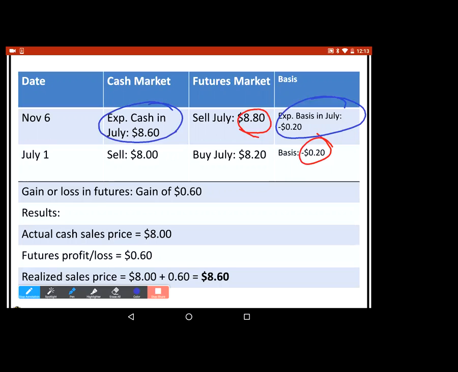So here we expected basis to be 20 cents under. And where do we come up with that? Well, I might look at the previous 3 years. What was basis at harvest time in Hays during each of those 3 years? Take an average, and maybe it was -20. So that's where we came up with that. So you don't just pull those out of the sky. You don't say, I expect it to be -50 or whatever. You look historically what it's been, and that gives you an idea of what it should be. And so that's what that one there is for.